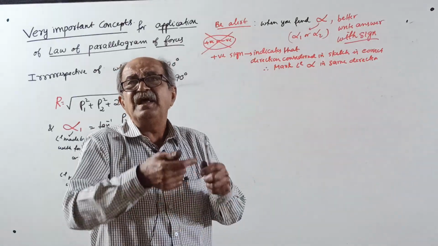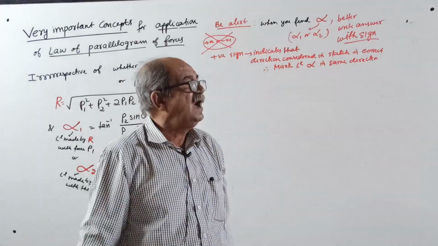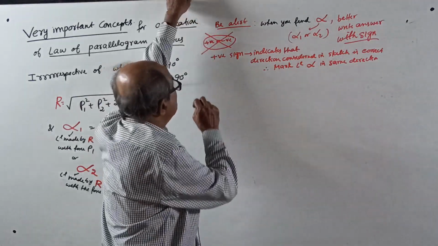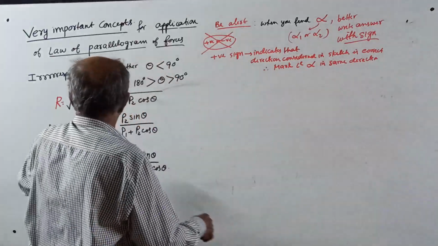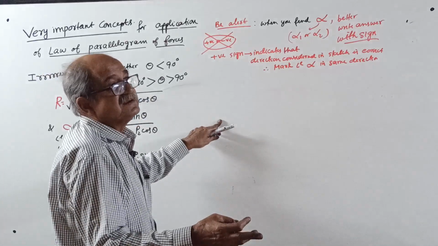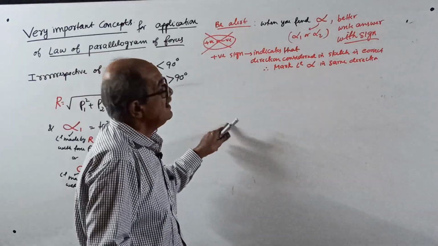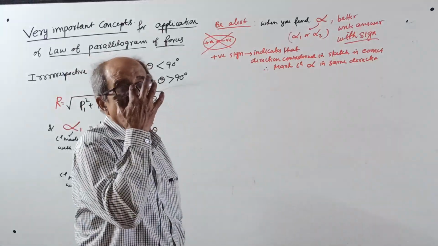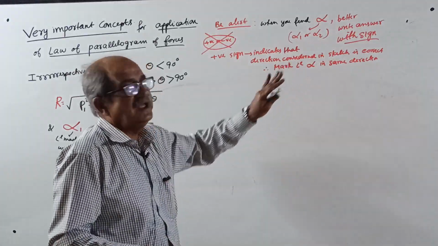Or if you consider anti-clockwise and the answer comes plus, it means it is anti-clockwise. So don't memorize clockwise positive. The sketch is known to you; let us sketch later. This positive sign is no problem.